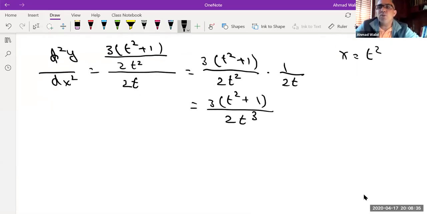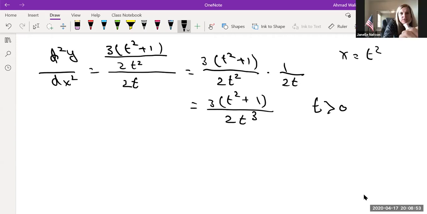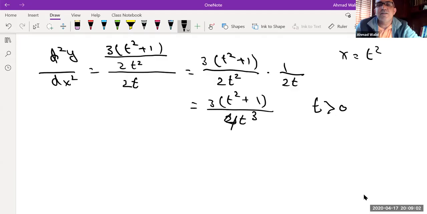Hey, I have a question. How did 2t squared times 2t become 2t cubed? Thank you, I'll deduct points. 4t cubed: 2 times 2 is 4, t squared times t is t cubed. Thank you.